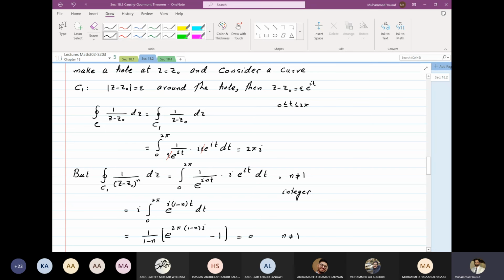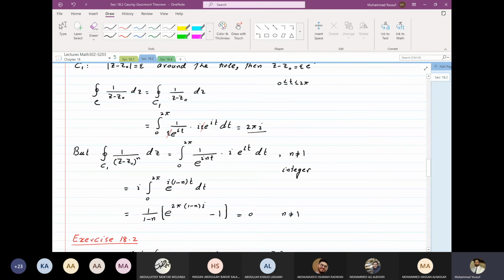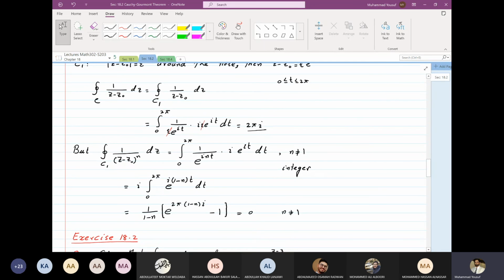So from now on, we need to remember that the integral over C of 1 over z minus z naught, where z naught is inside the region bounded by curve C, gives us the final answer 2 pi i. Now, if the power of z minus z naught is not 1, then it is written here that the answer will be 0, and I have shown you this.